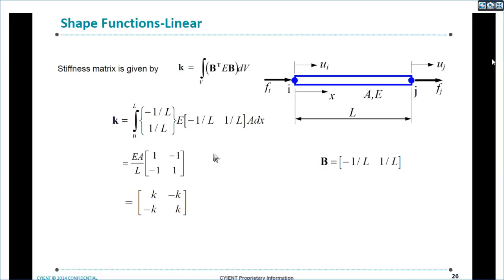It's a 1D problem, so we take the area out. Area is a real constant, and only x is varying, the length is varying here. Since we have only length, it is an integral from 0 to L. When you write these things common, we get AE by L into [1 minus 1; minus 1 1], nothing but k, minus k, minus k and k. Using shape functions also we derived how to achieve this stiffness matrix.